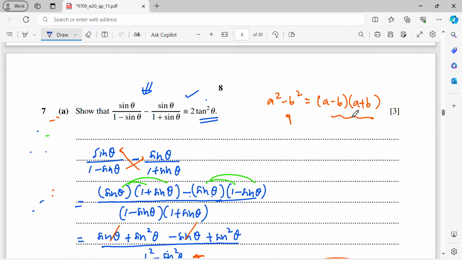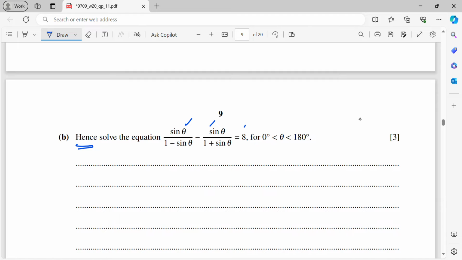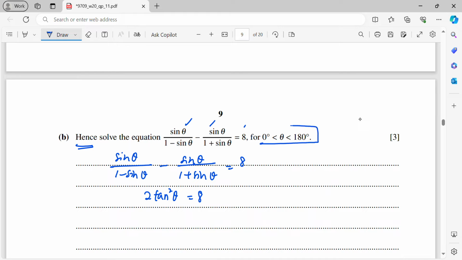Here I will just write sine theta over 1 minus sine theta minus sine theta over 1 plus sine theta equals 8. That means the left side will be changed to 2 tangent squared theta, that equals 8.